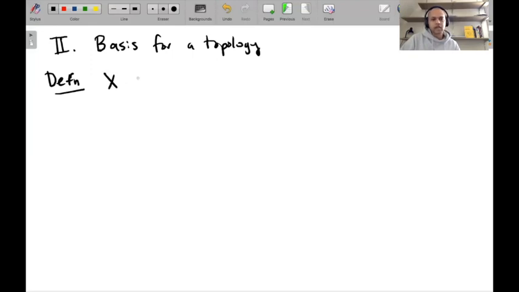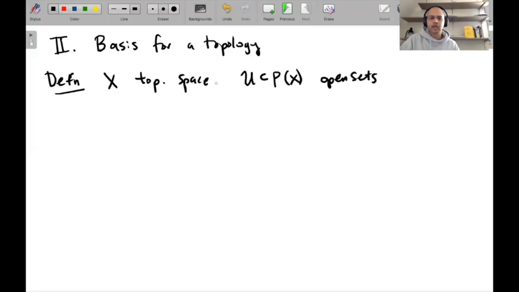Let X be a topological space, and let's denote by U in the power set of X the collection of open sets.